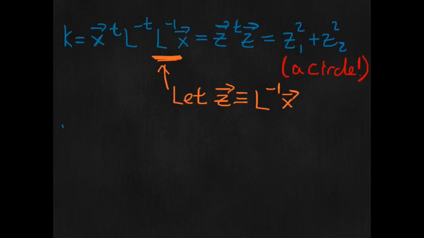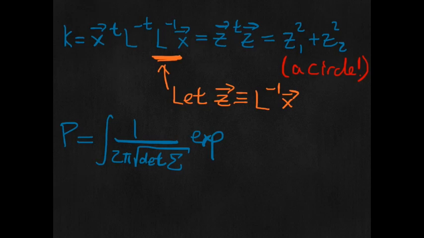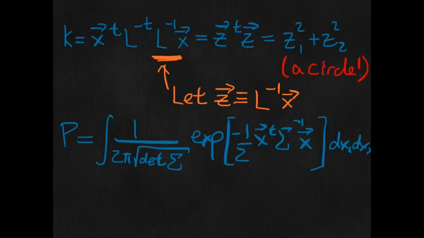And so we can say that the probability we want is equal to the integral over the circle of 1 over 2 pi square root of the determinant of sigma times e to the minus 1/2 X transpose sigma inverse X dx1 dx2.